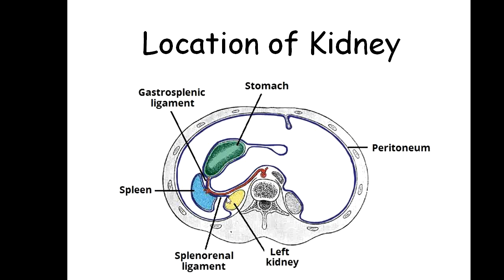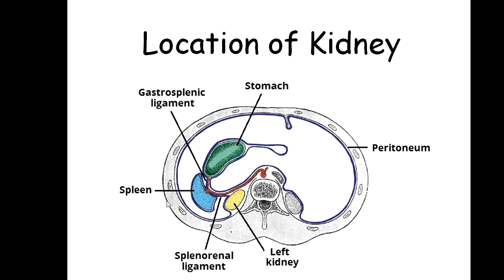Splenorenal ligament. This whole blue line inside the abdominal cavity represents the peritoneum, the peritoneal layer, including the mesentery, omentum, and others. But the kidney is not inside the peritoneal cavity, though it is dorsal to the peritoneal layer.